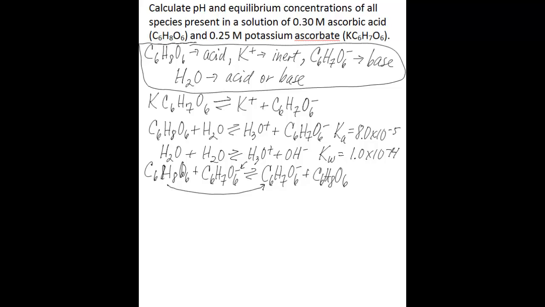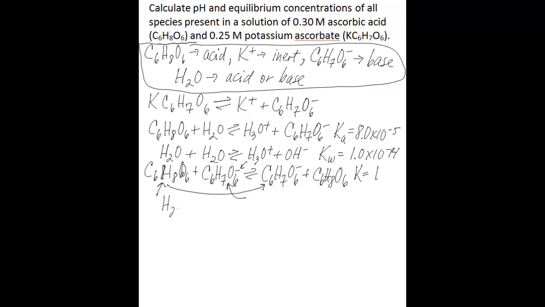And this is what's left over when this conjugate base, that's the reactant, receives a proton from ascorbic acid, which is the other reactant. So the K value for this, because we have the same products and the same reactants, is going to be equal to 1.